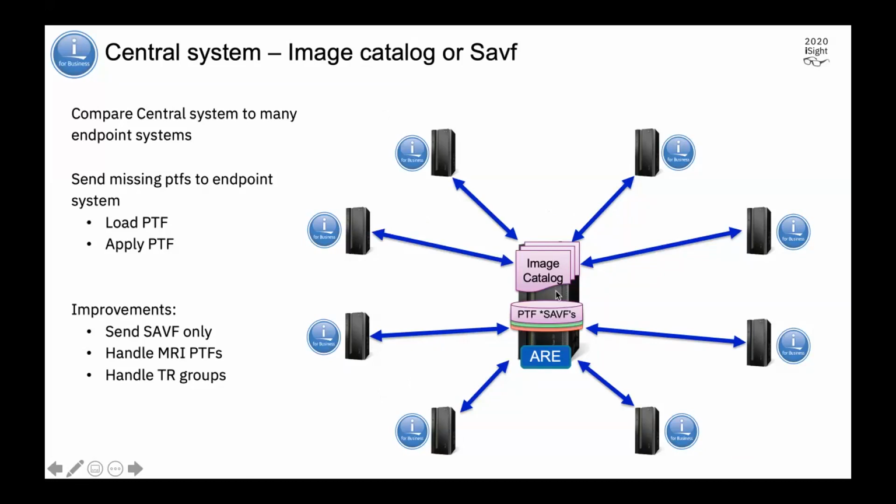I can then use ARE to move these PTFs around to these different endpoints from the central system. I can compare, I can see what's different, and send them along. So some really nice and powerful ways to do this today.